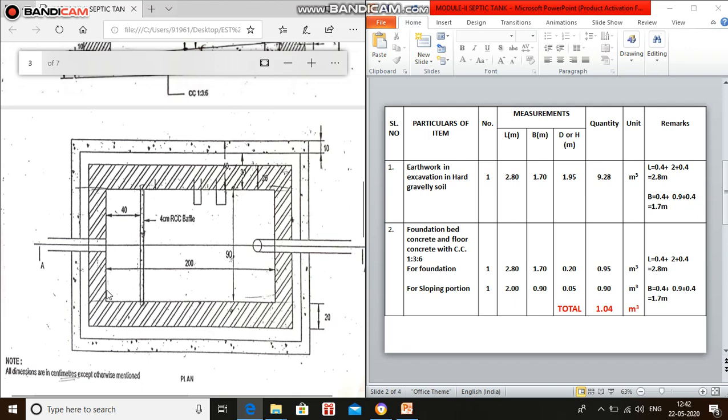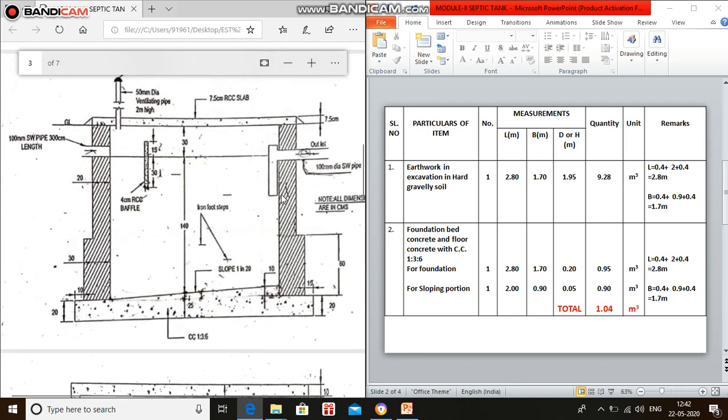In the sense, from here to here is 0.4 and from here to here is 0.4. 2 plus 0.4 plus 0.4, total 2.8 meter. And coming to the breadth, here is 0.9 meter plus 0.4 on one side and 0.4 on another side, total 0.9 plus 0.4 plus 0.4 equals 1.7 meter.